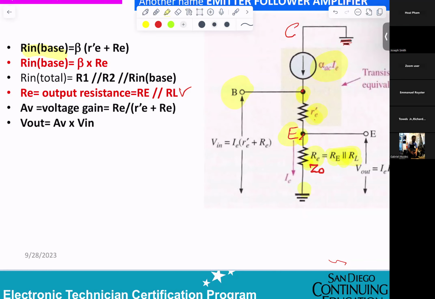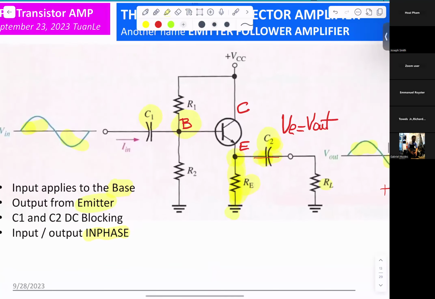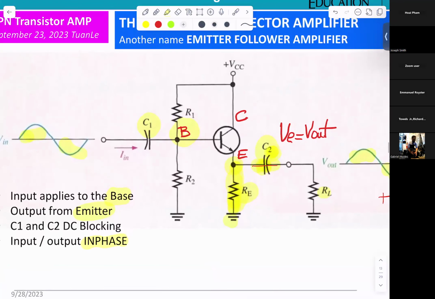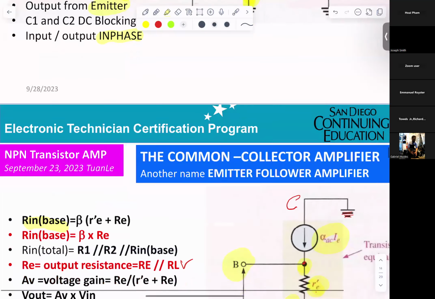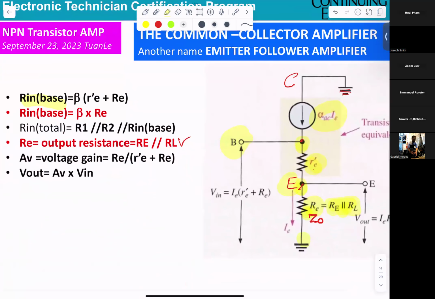And the total R in, R1 parallel R2. You already know that. If you convert that into AC, R1 parallel R2. So next meeting, I will give you a little more detail on how to draw that.